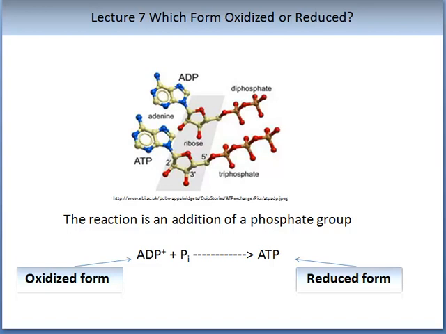The ribose part in the middle is similar, but the diphosphate part and the triphosphate part of these two molecules are different. Essentially, diphosphate means there are 2 phosphate groups attached to the carbon chain, while triphosphate means there are 3 phosphate groups attached. And it is in fact the loss of a phosphate which is the exchange of energy.